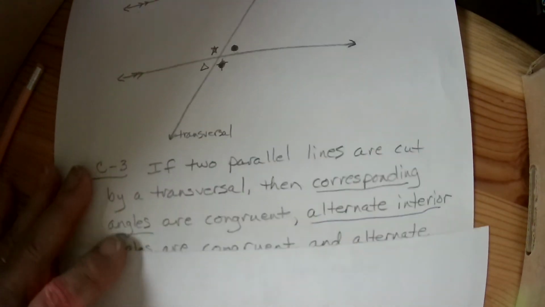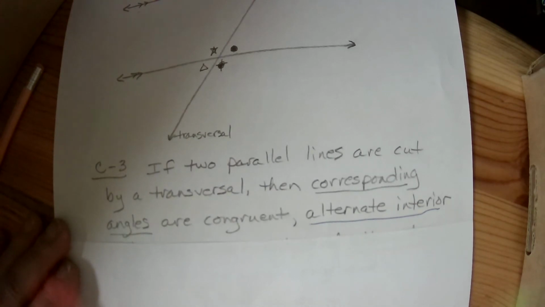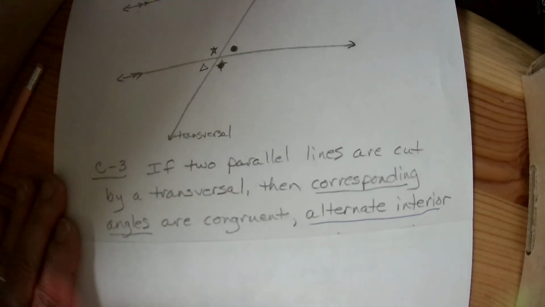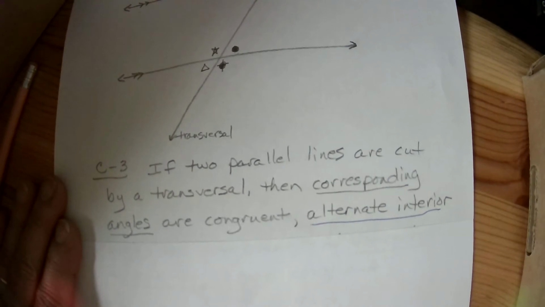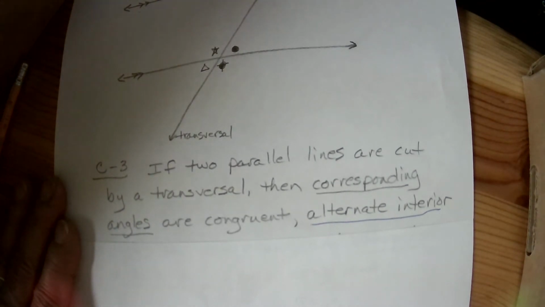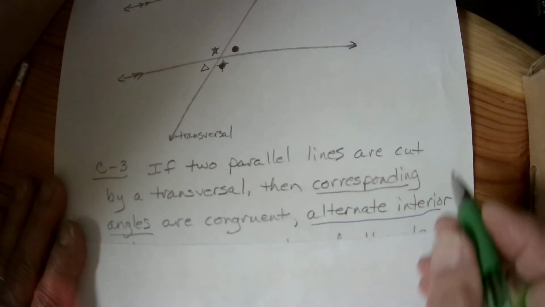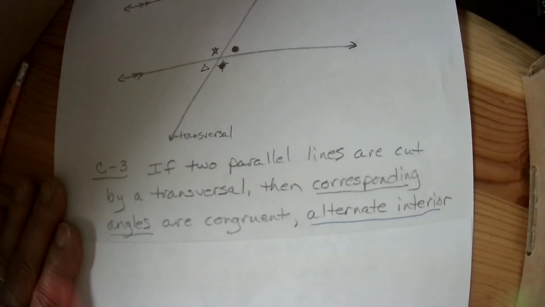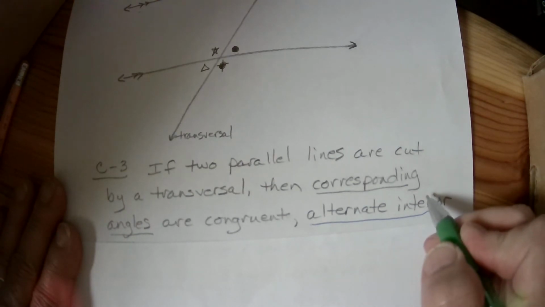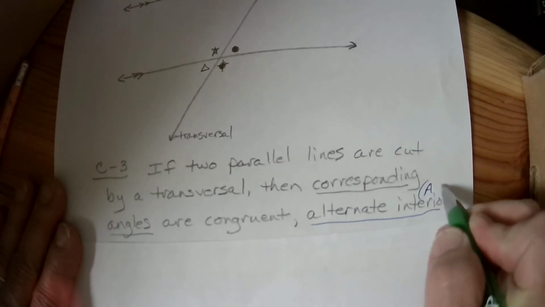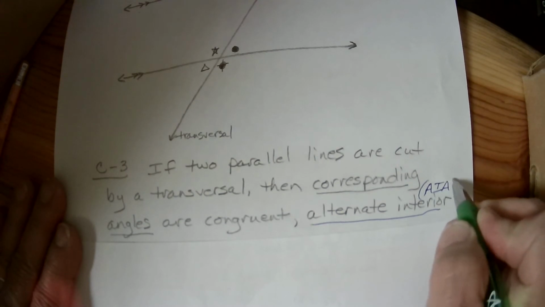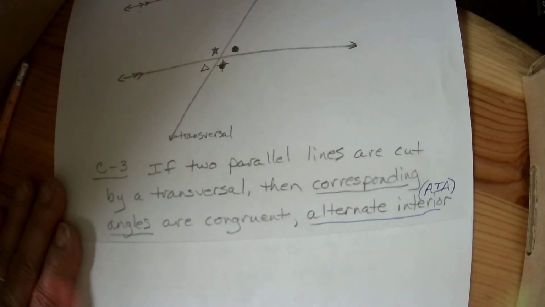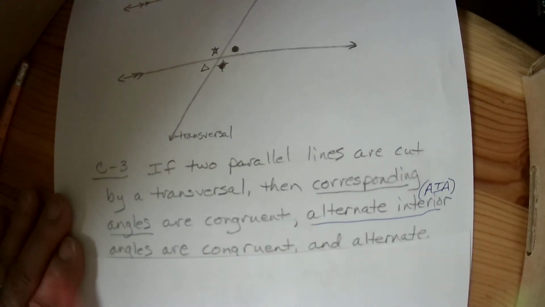Alright, the next thing is alternate interior angles. We'll do this one with a 10. Hopefully you can see a different color. Okay, alternate interior angles. We use alternate interior angles a lot, so we shorten it and call it AIA.